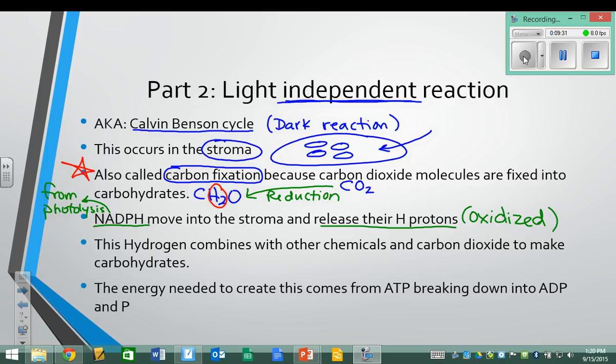So like I mentioned above already, there are some other substances around, and I'll talk about a few of them in a second, but essentially, I take my hydrogen and my carbon dioxide and I make a carbohydrate.